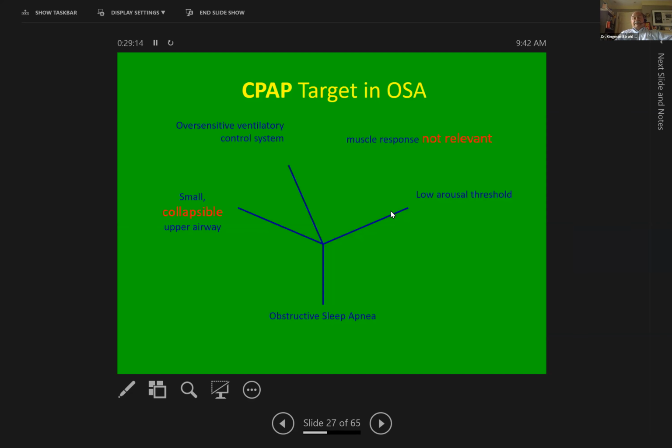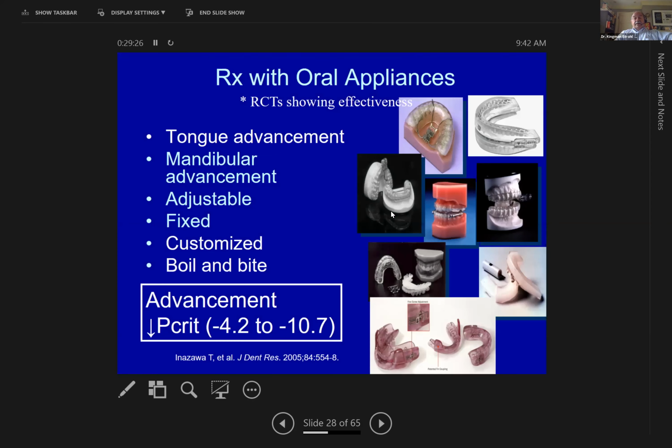So it's a small collapsible airway. Muscle response is not relevant in CPAP. It doesn't care. Acceptance rate is about 50%, maybe 60% now with better equipment. Oral appliances, you've got tons of them, and their advancement decreases it by about -4 to about -10. Some of them are better than others, depending on the laxity of your jaw.